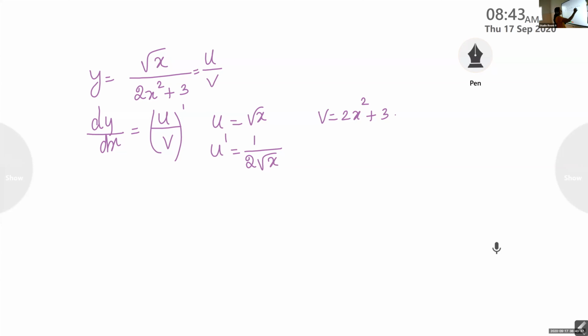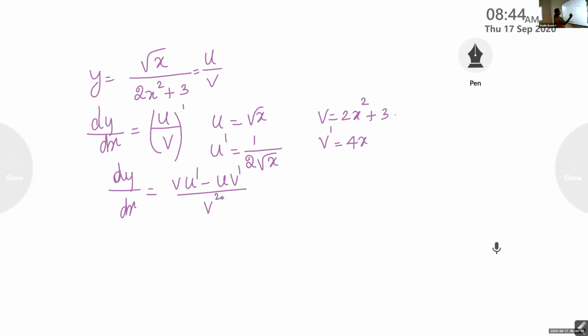So what is v dash here? u dash is 1 by 2 root x. What is v dash? Derivative of 2x square. So what is derivative of 2x square? 4x. This one will become 0. So now apply the formula. dy by dx is equal to u by v dash is v into u dash minus u into v dash by v square.